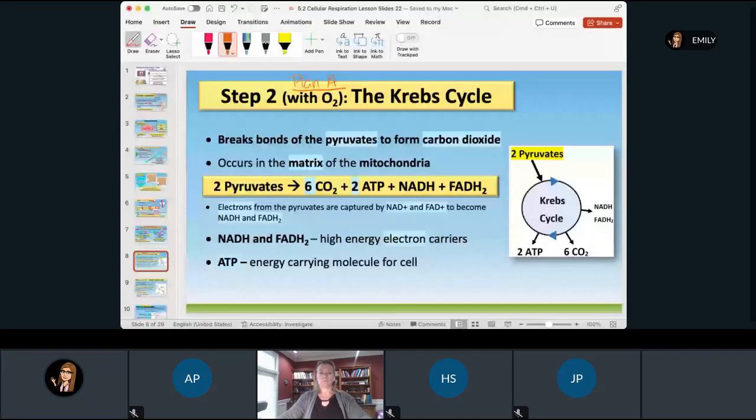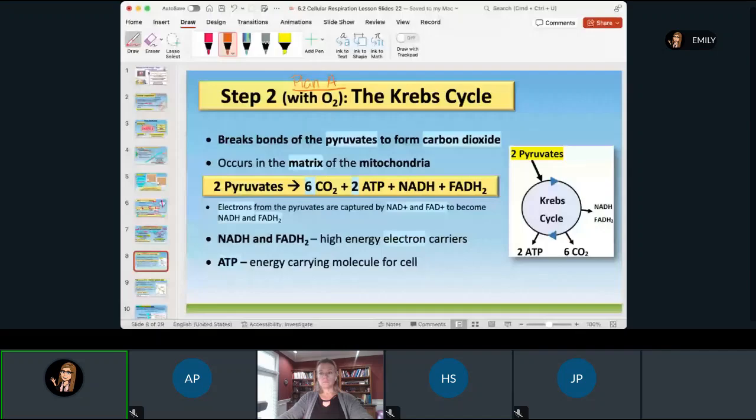Now, we are only asking you to know what goes into the Krebs cycle and what comes out of the Krebs cycle. If you are curious as to the parts of the Krebs cycle, because it is kind of complex, there are a bunch of slides down at the bottom that say part 2 of the lesson.